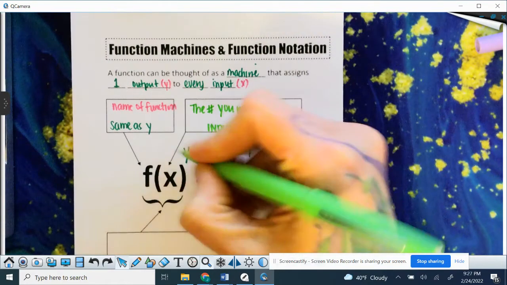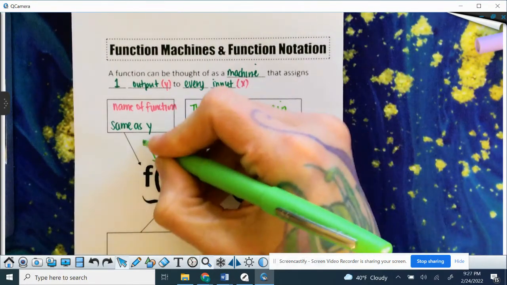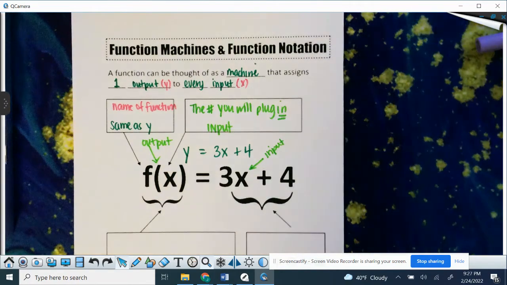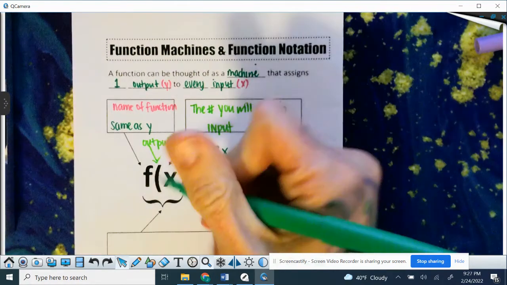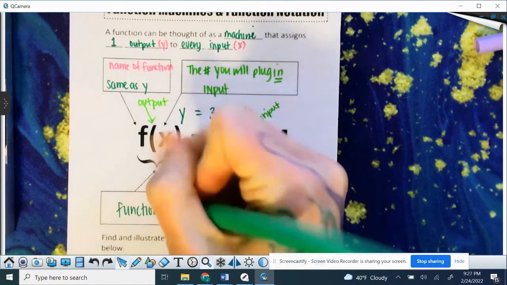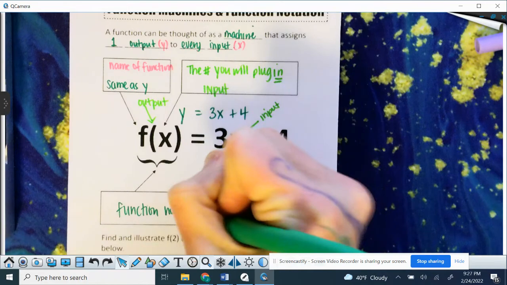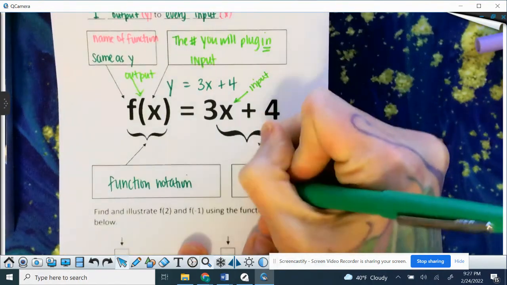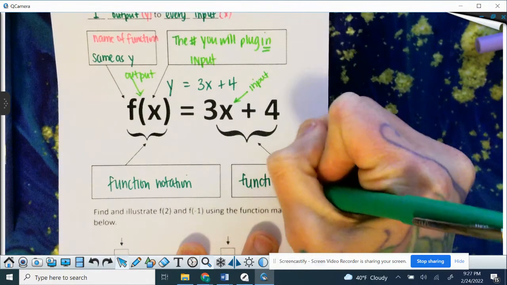And then your y, or f of x, is going to be the output once you solve your function or solve the equation. This f of x notation is called function notation. And then the 3x plus 4 is the actual function that we're going to use, that they're notating.